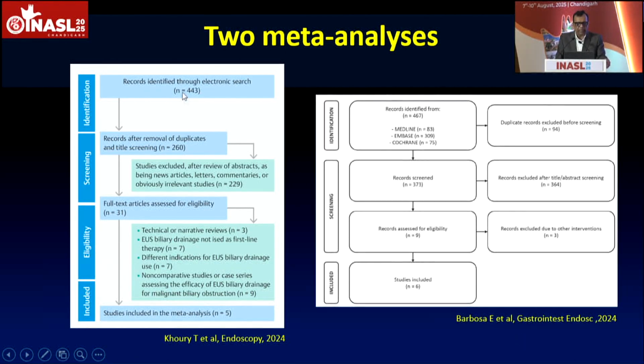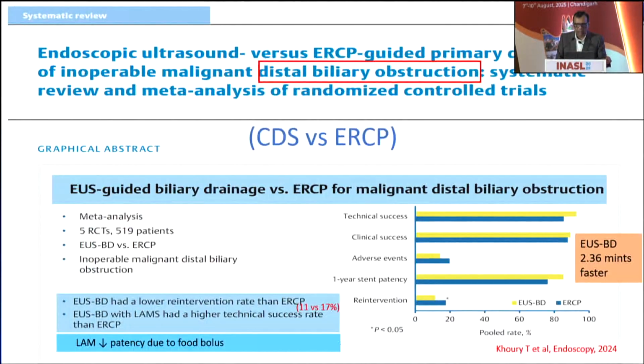Interestingly, they started by looking at 443 papers in this and 467 papers in this, and they could only find 5 good studies in this and 6 good studies in this. All 6 good studies in this included these 5 studies. What I'm trying to say is that there are very few studies available today which have really looked at this comparison.